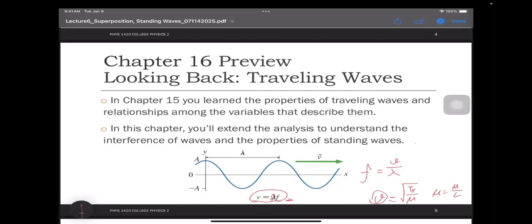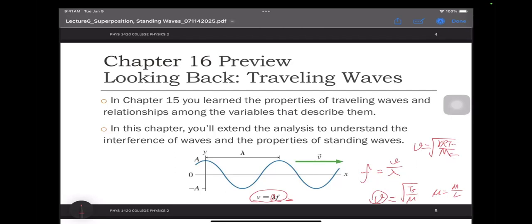For a sound wave, the velocity is related to the temperature and the molecular mass. Do you remember that? Yeah.